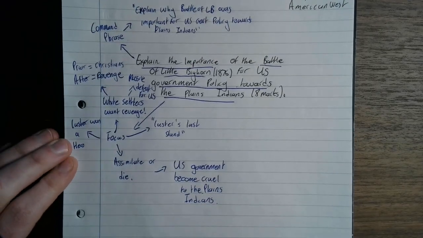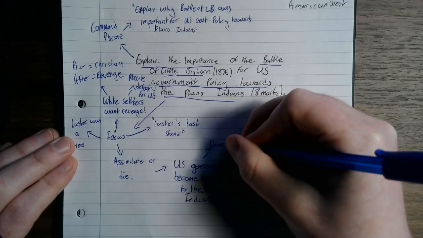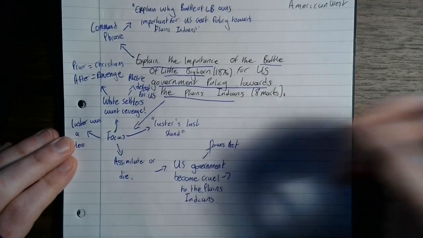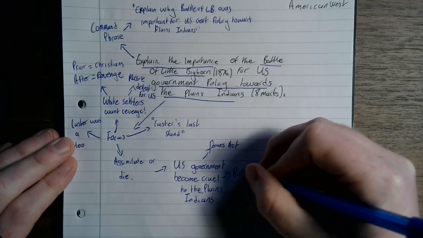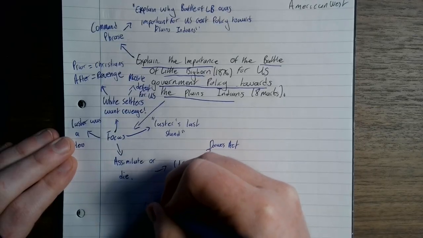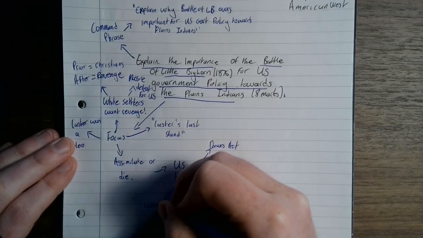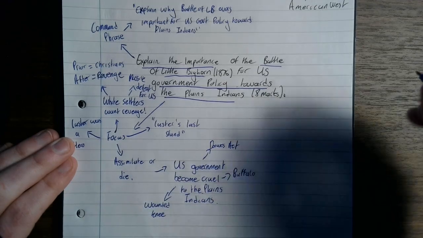And remember, you can refer to the Dawes Act there, can't you? What you could also refer to is the buffalo and the extinction of the buffalo. Again, this ultimately will lead to Wounded Knee, with the massacre at Wounded Knee.